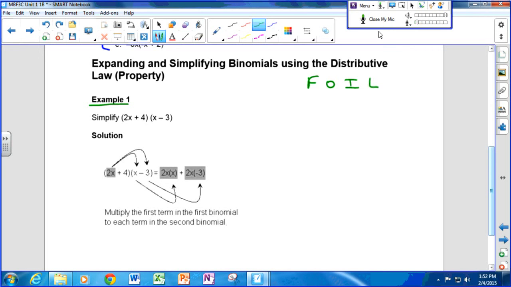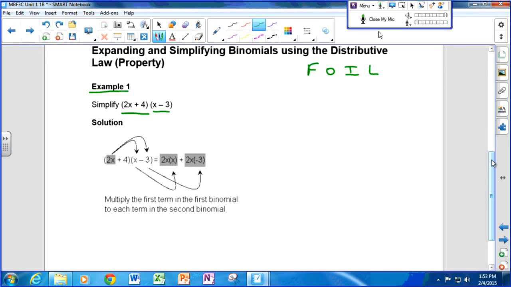And what FOIL is, is just a little memory aid, a mnemonic, to help us remember how we multiply a binomial, which is two polynomials in brackets, times another binomial. And we do that all the time in algebra. We do that all the time in grade 11. And it's a very, very common kind of thing. And you're going to be using that quite a bit.